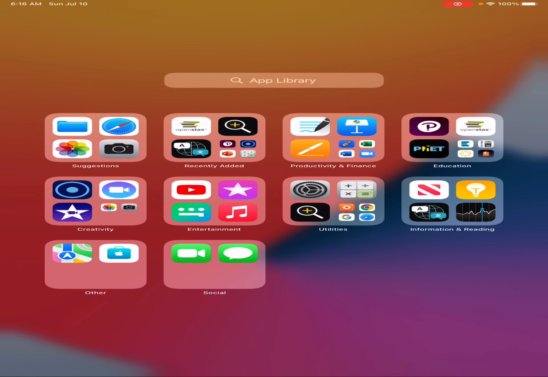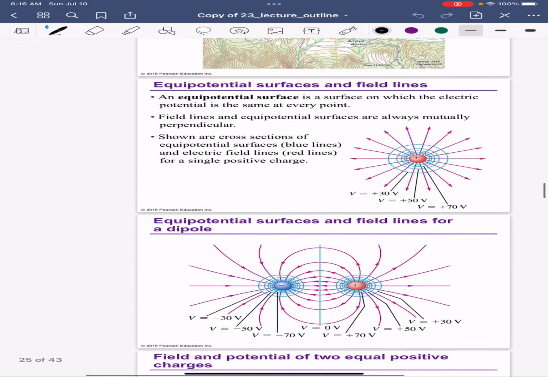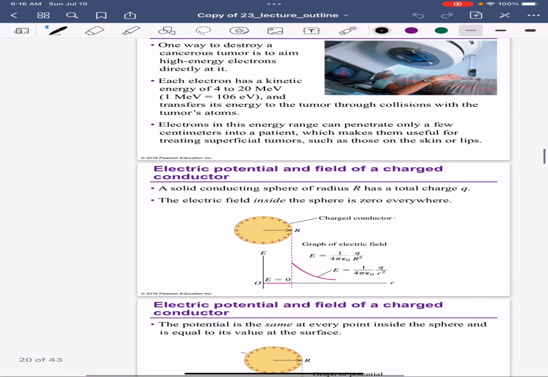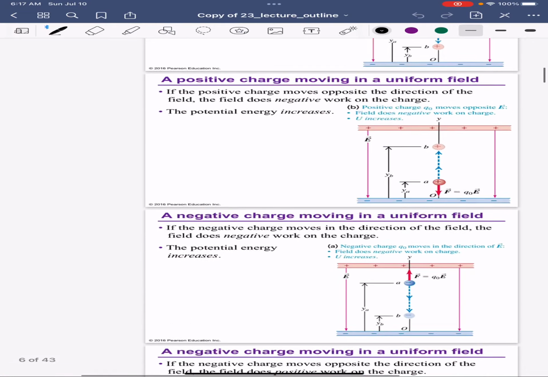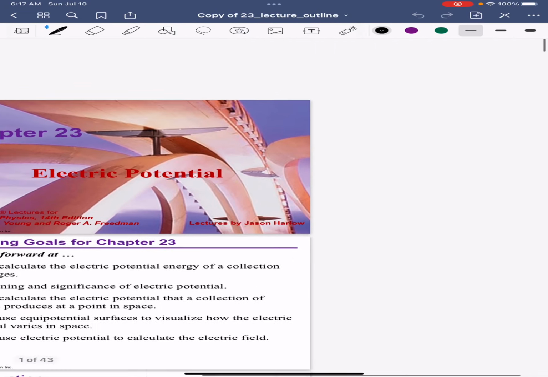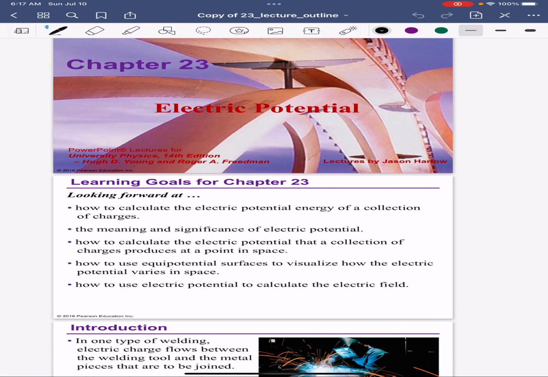Chapter 23. All right. Now, for chapter 23, we are going to introduce a new physical quantity called electric potential. And also, we will talk about the relation to electric potential energy and to other aspects that we did talk about in chapters 21 and 22.